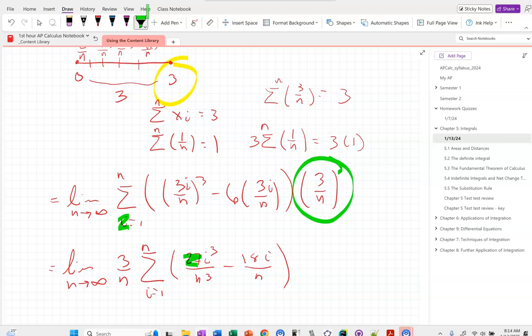If I look inside that sum, I notice that I have a greatest common factor of 9 there. Everybody see that?